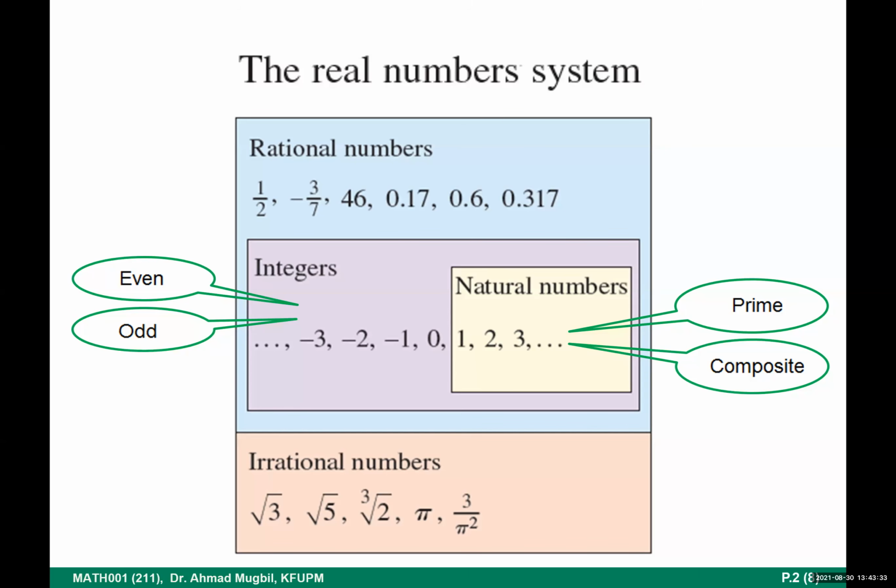Every natural number is an integer. Good. It is your turn. Every rational number is an integer. No. Give me one rational number that is not an integer. A half. You are right. What about the opposite? Every integer is rational. Is it true? Yes. Excellent.